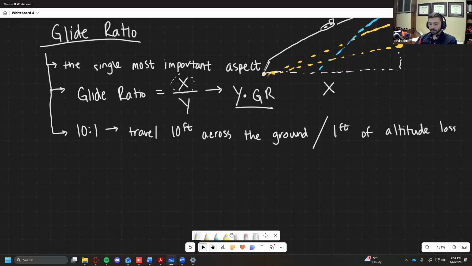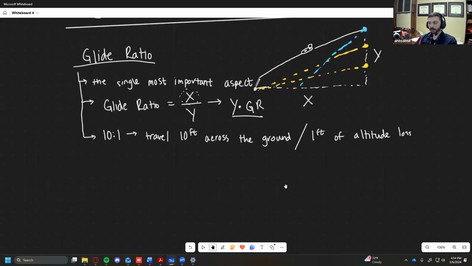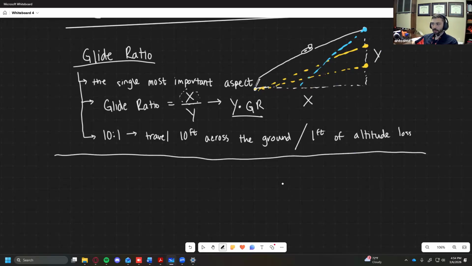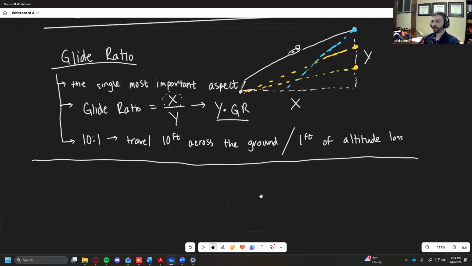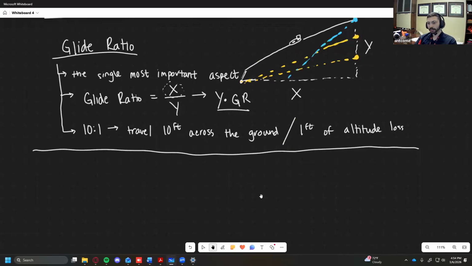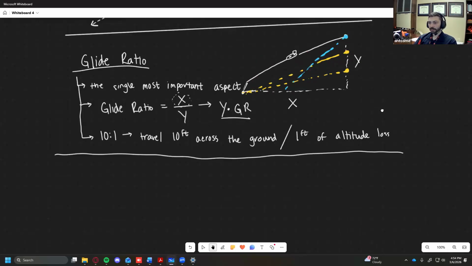Okay. So let's start to talk now about some of the important takeaways to achieve this. One thing that might be a little counterintuitive at first is that if you change the weight of your glider, that actually does not significantly change the glide ratio itself. It's a weird thing to think about, right?